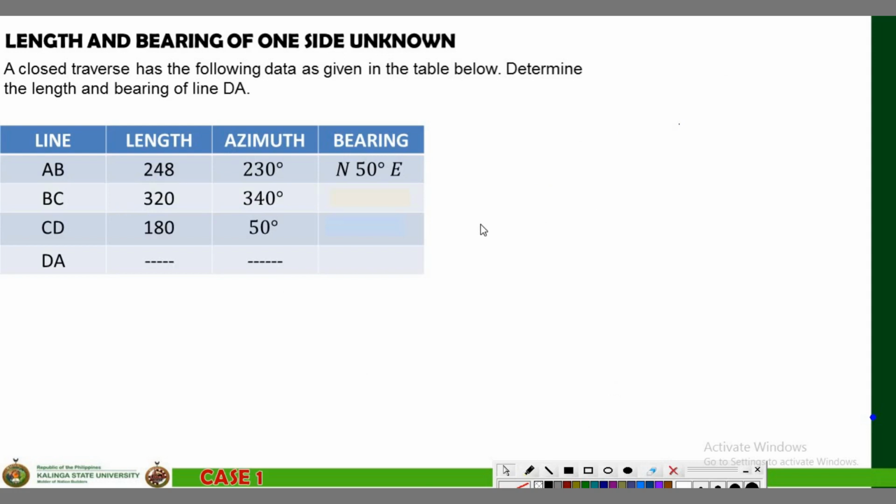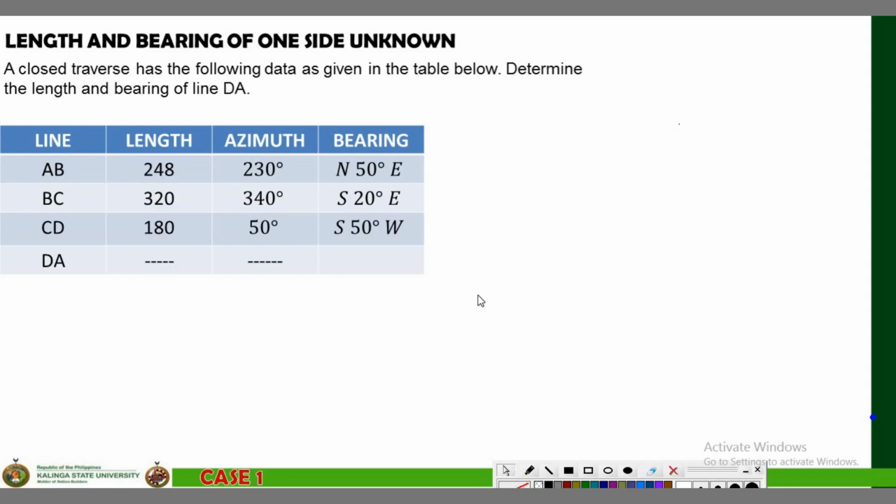Here, if I convert 340 degrees into a bearing, this is my answer. And for CD, the bearing of CD is this one. Kindly double check the bearings of lines BC and CD.